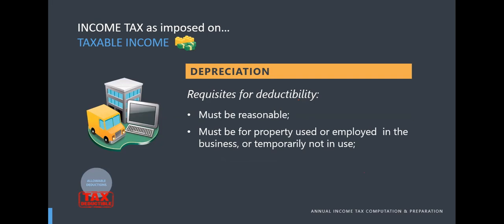Temporarily not in use refers to properties that used to be in use in the business, like a warehouse that was used to store goods but was later abandoned or not in use for a number of years. That is part of the property subject to depreciation, and it must be charged off during the year.